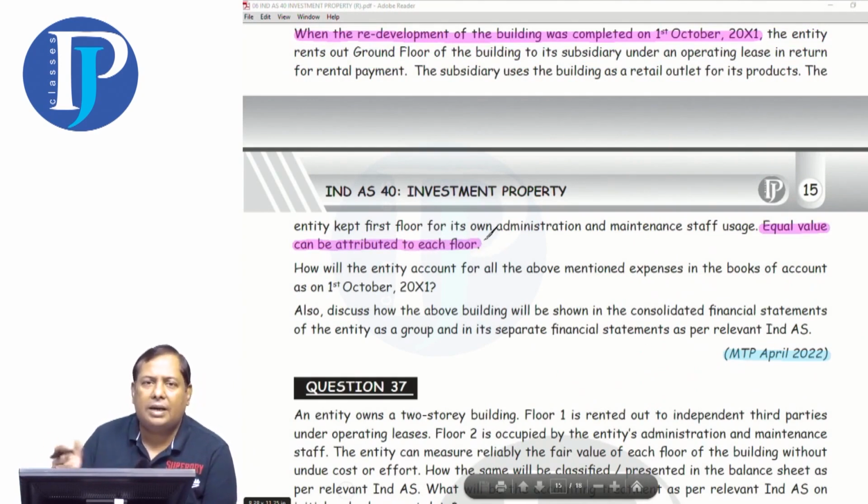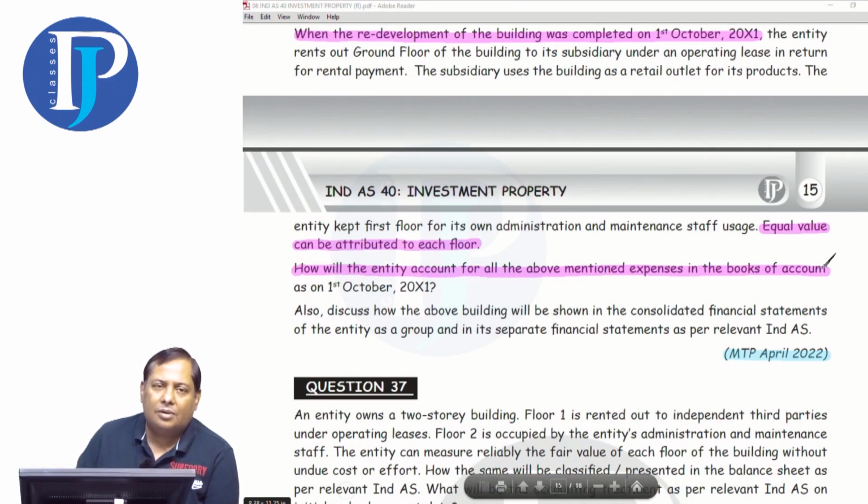We have already done attribution of values. How will the entity account for all the above mentioned expenses? In books of accounts, tell me what should we do with expenses? Should we capitalize? We will write a note on abnormal losses in P&L and that refundable tax is not included in cost.